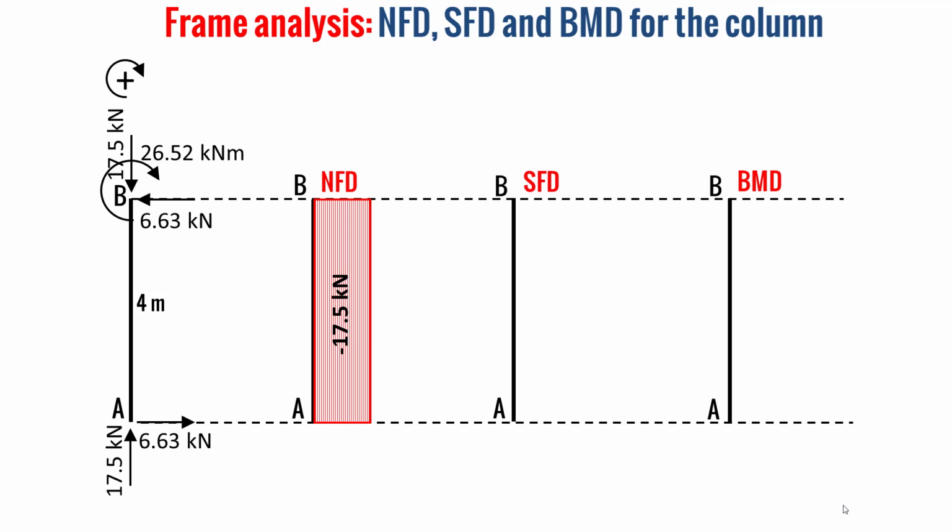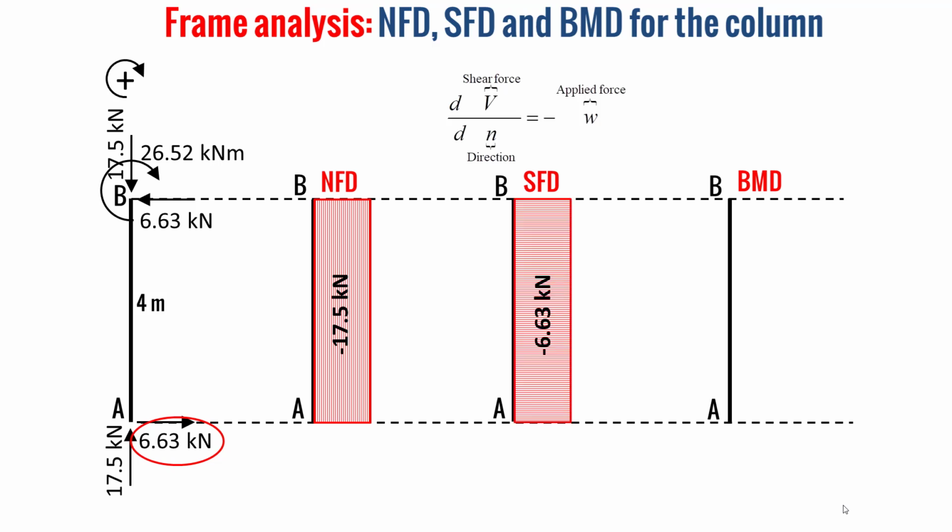And for the shear force diagram, we have a shear force equal to 6.63 kilonewton applied at the point A. And here, don't forget that the variation of the shear force along the longitudinal direction of the column is equal to minus the applied force.